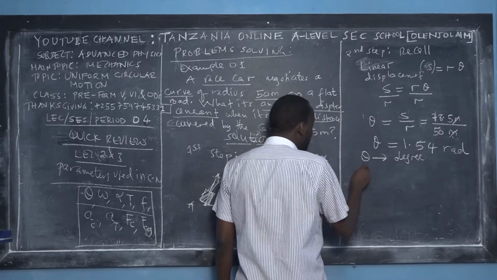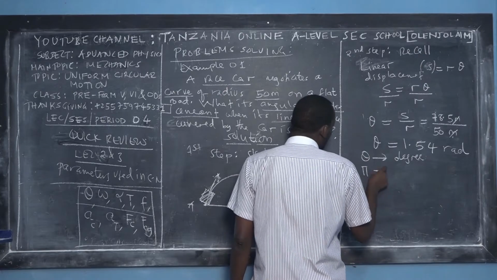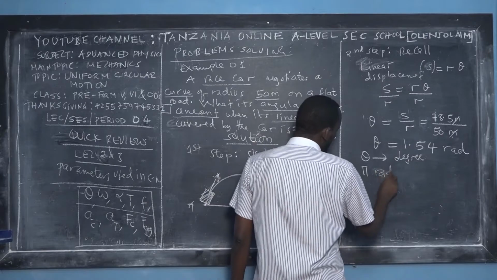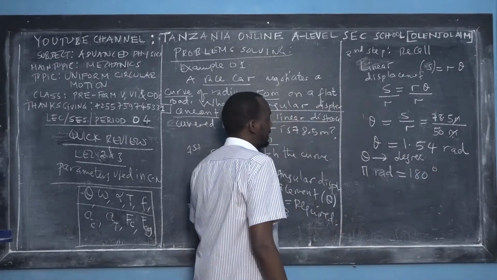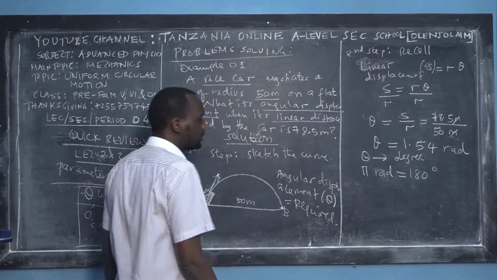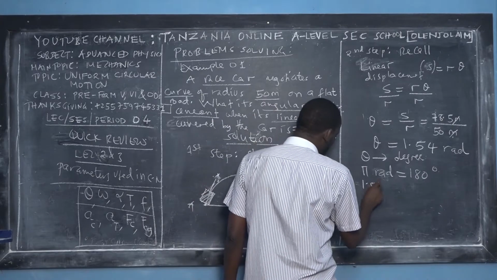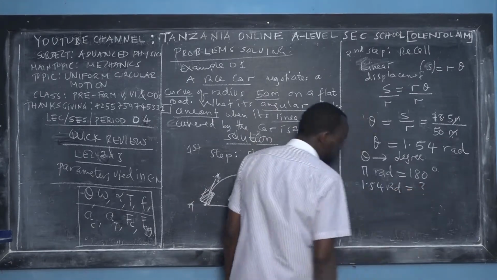I told you, and I want to make a minor correction, I remember that I made a mistake. Pi radians is equal to 180 degrees. Pi radians is not equal to 360 degrees. Okay? And then therefore you have 1.54 radians. So this is equal to how many degrees?